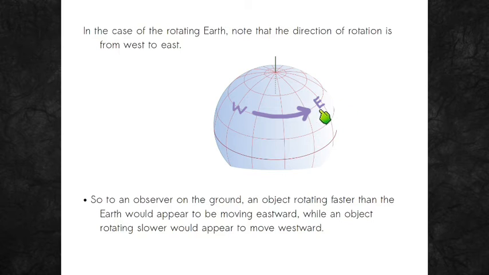And by contrast, if you had some object that was rotating more slowly than the Earth, then it would look like it's falling behind, and so it would look like it's moving westward. So objects rotating faster than the Earth look like they're going eastward. Objects that rotate more slowly than the Earth will fall behind and look like they're moving westward relative to an observer on the Earth's surface.